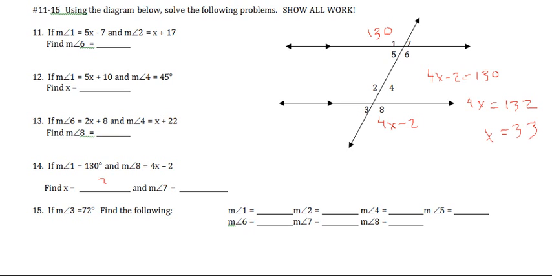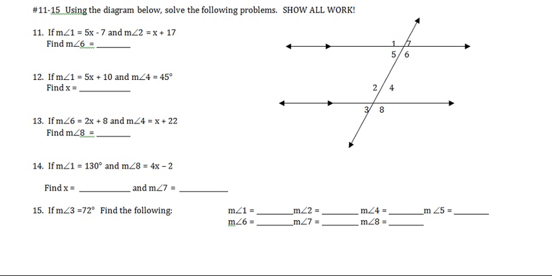So x is 33. Angle 7 right here, how many degrees is that going to be? Well, we just look at this. If 1 is 130 and these have to add up to 180 degrees, it means that this one needs to be 50 degrees. Okay? Alright.